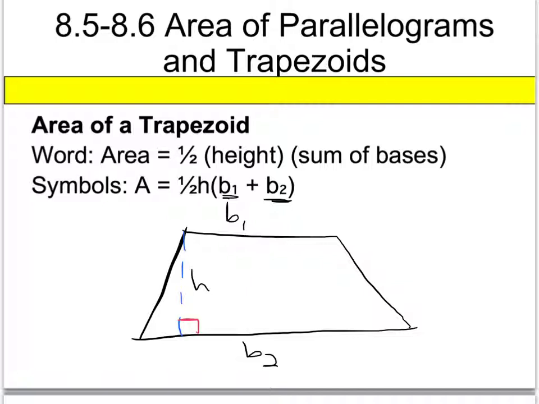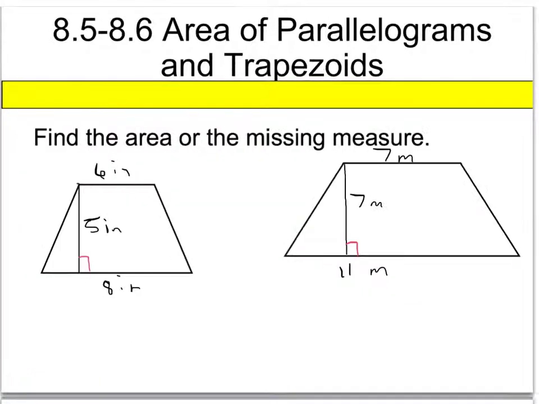There's a couple different steps that were a little different than normal, but again, your height is going to be that vertical line, I suppose it can also be horizontal, but it's going to go from one base to the other base, and it's going to connect at a perpendicular angle, or a 90-degree angle. We're going to try a couple of problems here. Here we go.